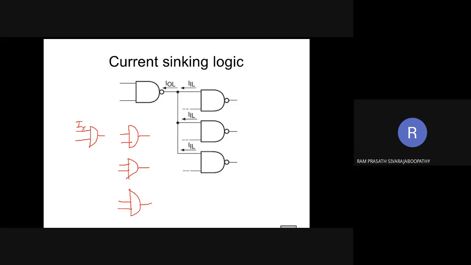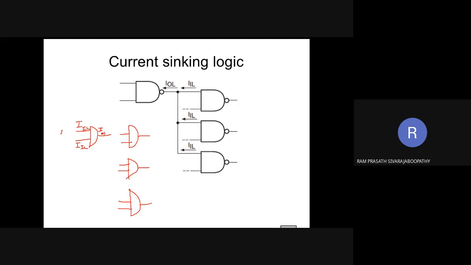IL, sorry, IH. Here what have we said? We said current sinking, right? So we take it as low. Sourcing means 1. So let us take IIL. Right? So this will also be IIL. And its output current, what will I call it? IOL. Similarly, we will have this for all the AND gates. You assume like that.